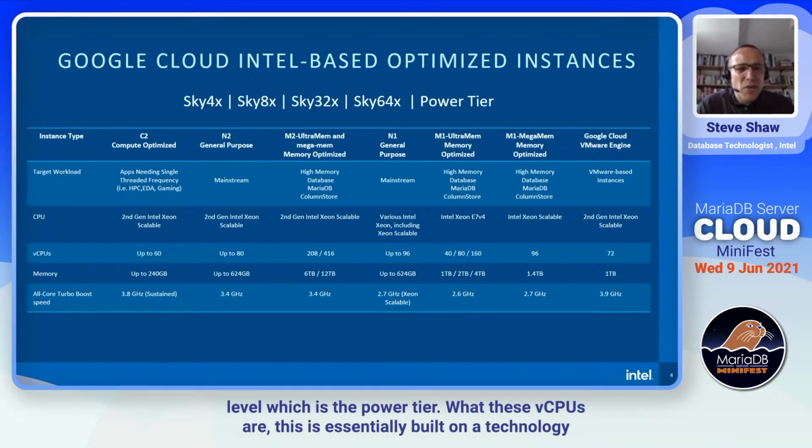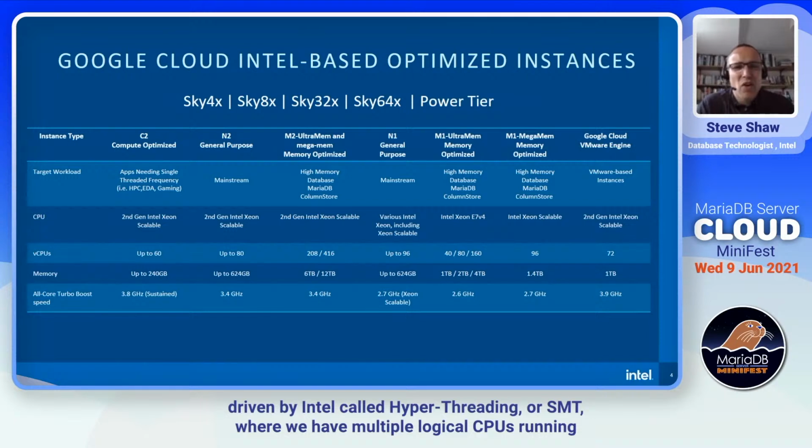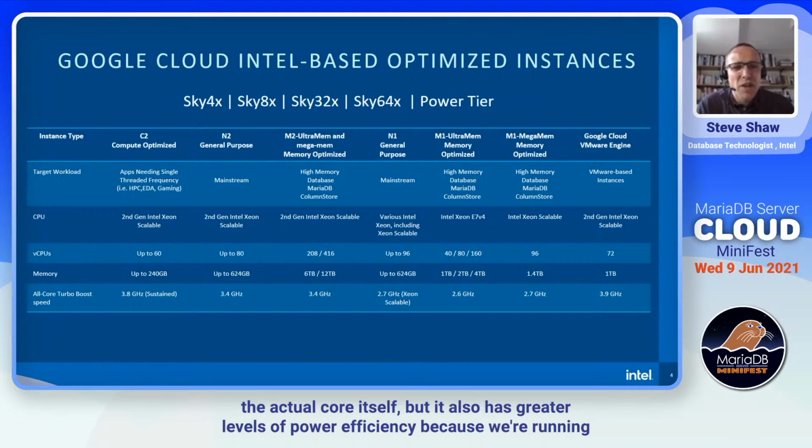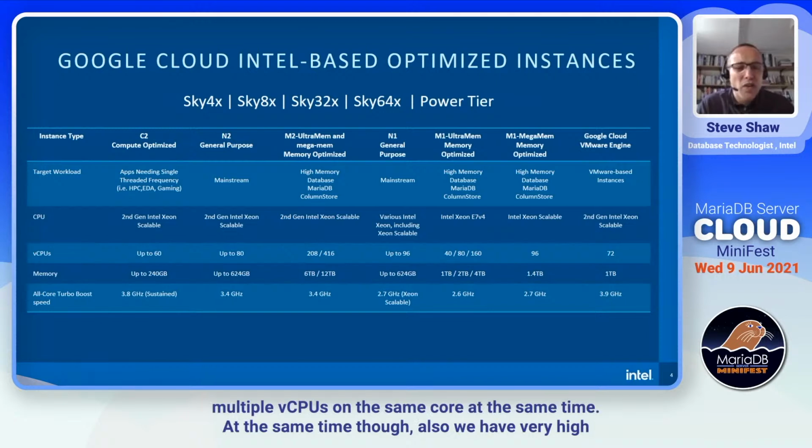What these vCPUs are is essentially built on a technology driven by Intel called hyperthreading or SMT, where we have multiple logical CPUs running on one physical CPU at the same time. This not only gives you additional performance from the core itself, but also greater levels of power efficiency, because we're running multiple vCPUs on the same core at the same time.